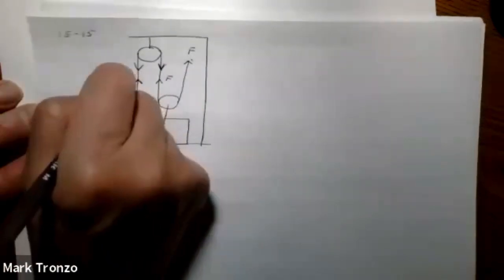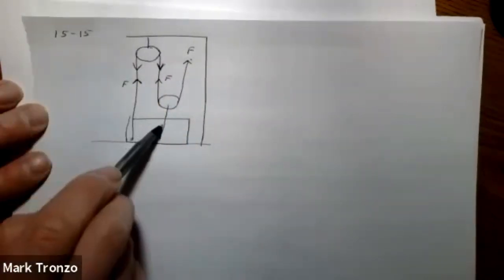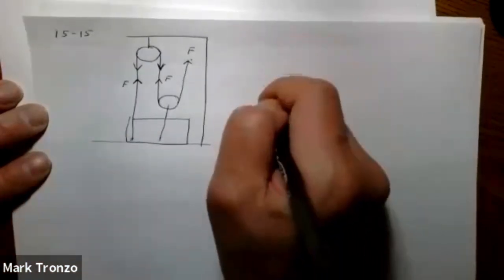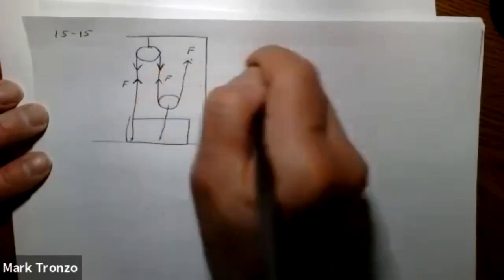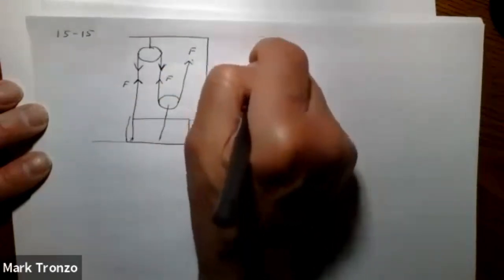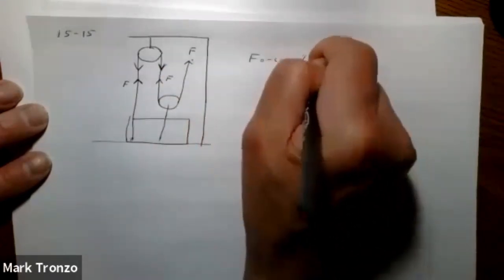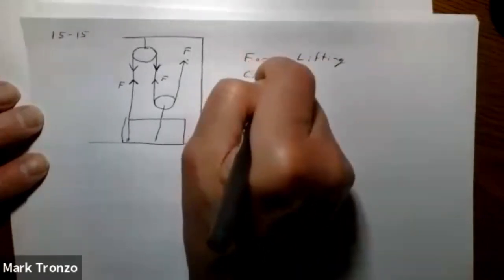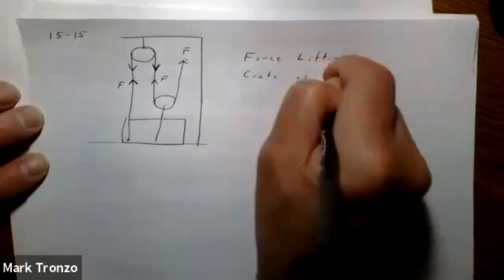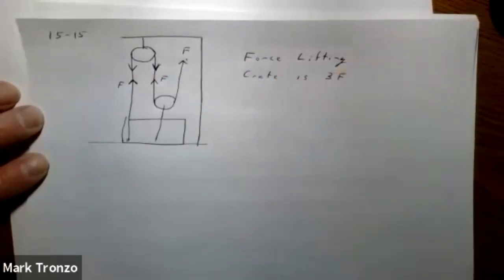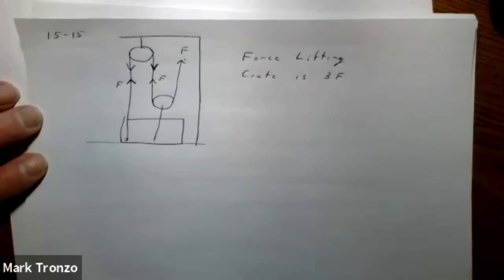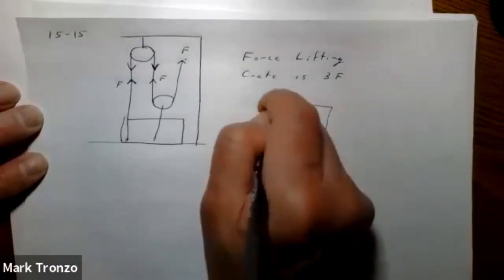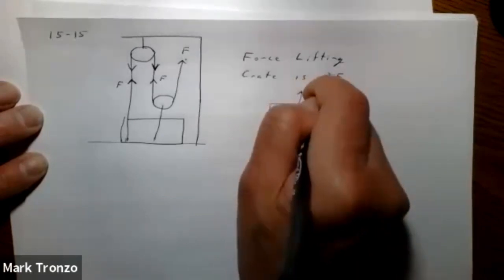But the point is that what we're going to have lifting the crate is going to be a total of 3 forces, F. So the force lifting the crate is going to be 3F. And so now let's take a look just at the crate itself. So we can think about, we have 3F here.